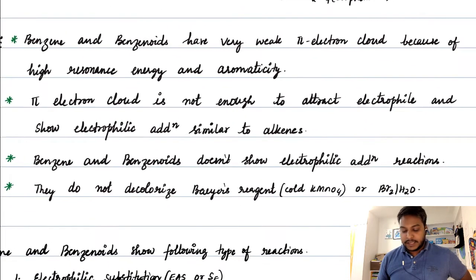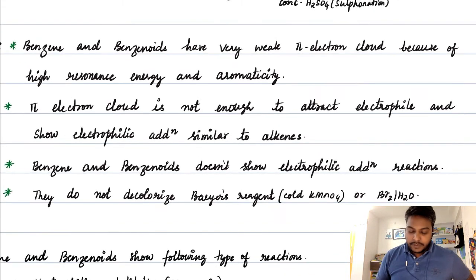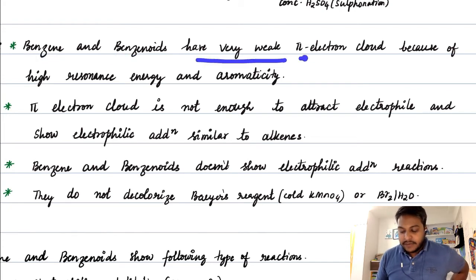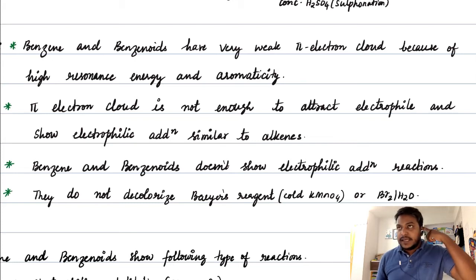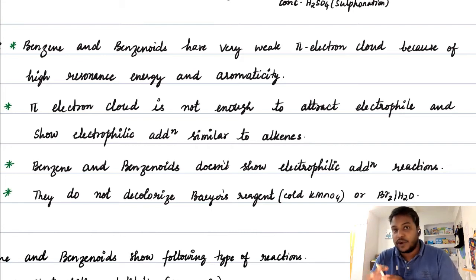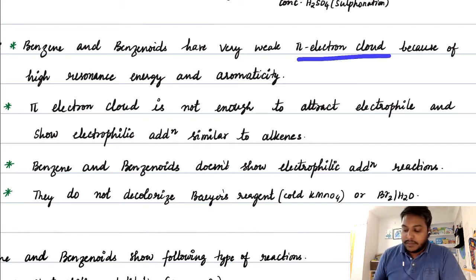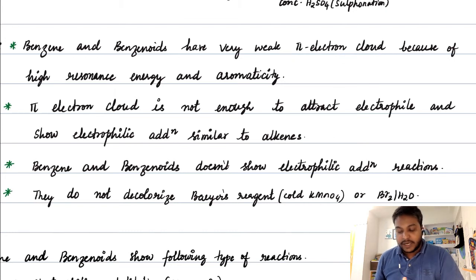And now let us understand the important pointers about benzene. First of all, benzene or any form which is like benzene are called benzenoids. They have a very weak pi electron cloud, which means their pi electrons are not available for reaction because they are in aromatic nature. Their pi electron cloud is usually not available.